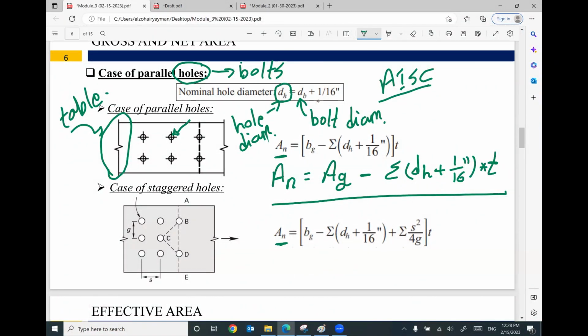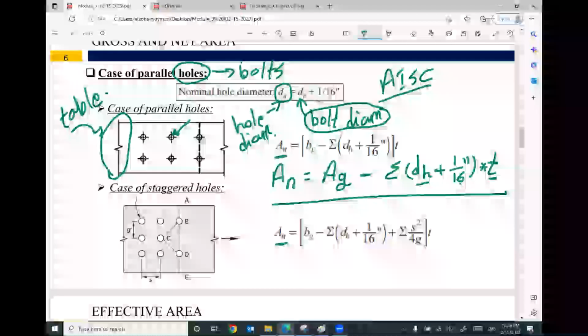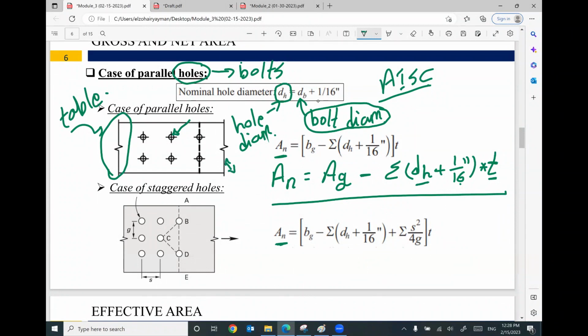The diameter of the bolt is information that will be given all the time in the problem. You need to add 1/16 to get the d hole. Then you put this d hole plus 1/16 one more time, times the thickness of this plate, and subtract the summation, or the total, from area gross, and you get the area net.